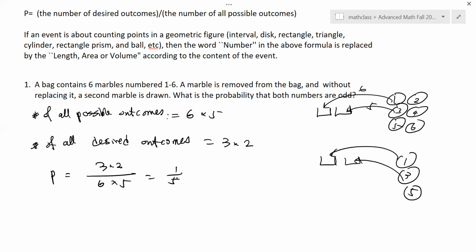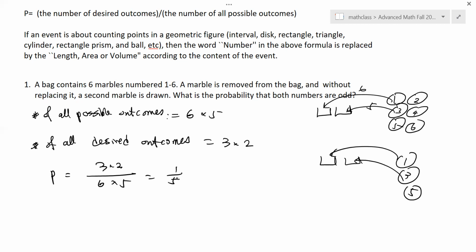Then you select an odd number first, which is 3 choices. Then you select an even number in the second step, which is 3 choices too. So it'll be 3 times 3. It's a slight difference, but if you know the principle of counting, you can always solve the problem.